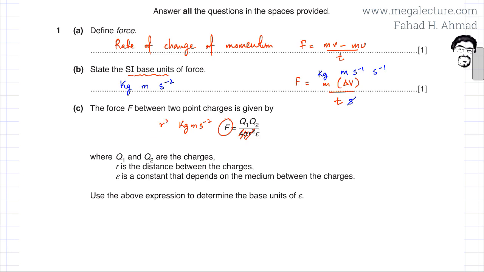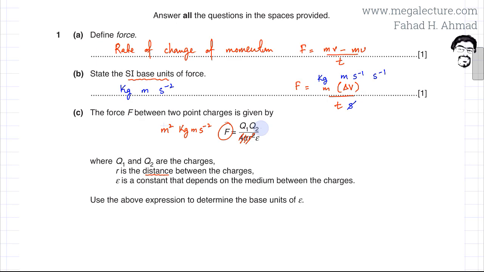If I bring r squared to the top, r is the distance, so the base unit for r is also meter. This would be taken as meter squared, and I'm left with Q1 and Q2.